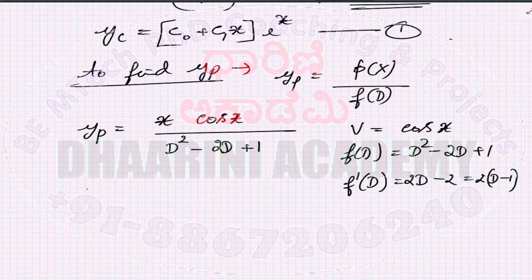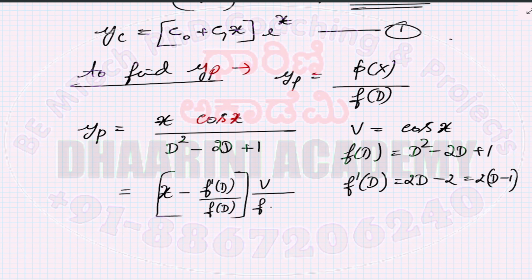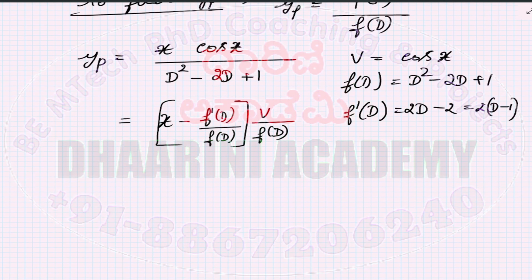So we note that this given problem has the numerator of the YP which belongs to the type 5. So I write the equation: x minus f dash of D divided by f of D into the V divided by f of D. So we'll substitute.